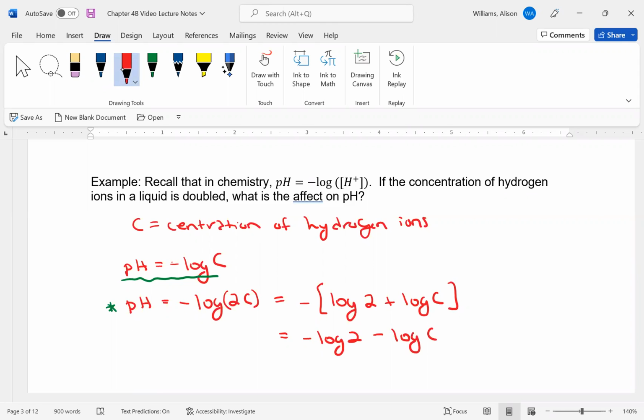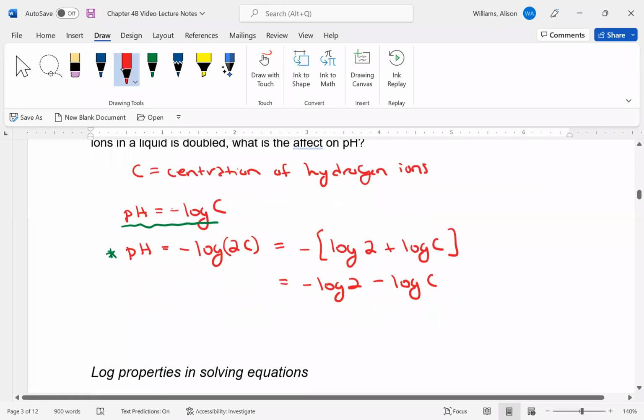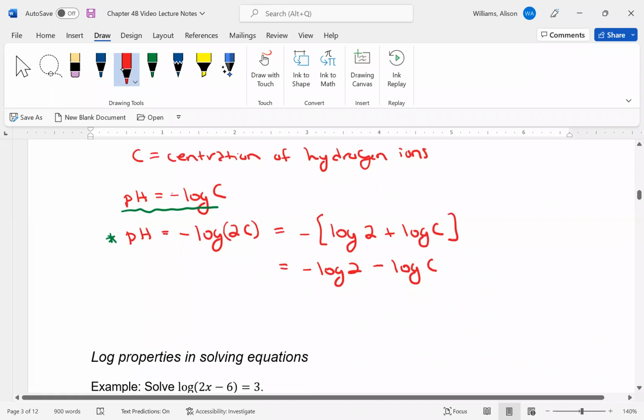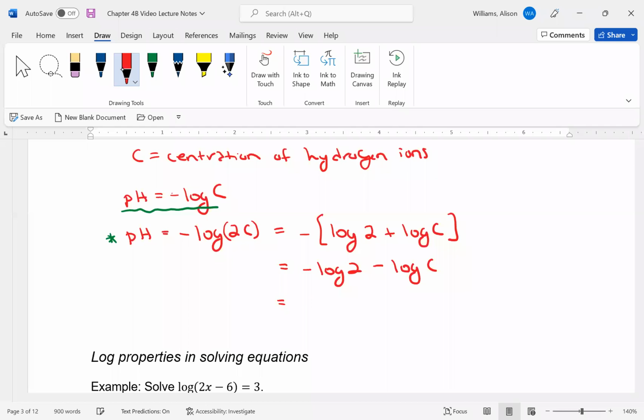And log of 2, that's like a number. All right. In fact, get your calculator. Let's figure out what that number is. So taking the log of 2, so negative log of 2, I come up with negative 0.301. I'll just do 3 decimal places. That makes sense.